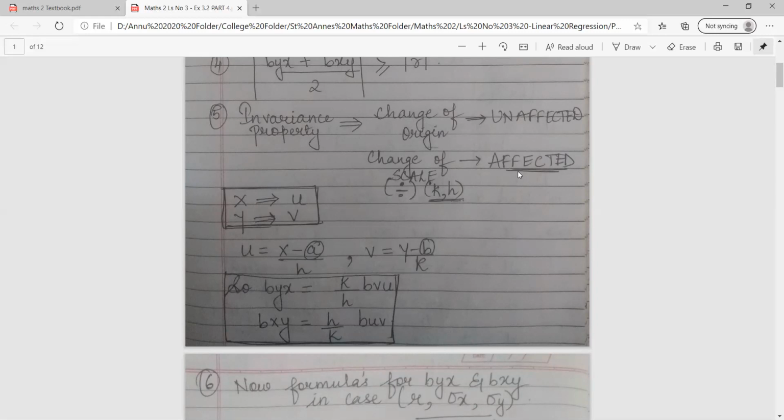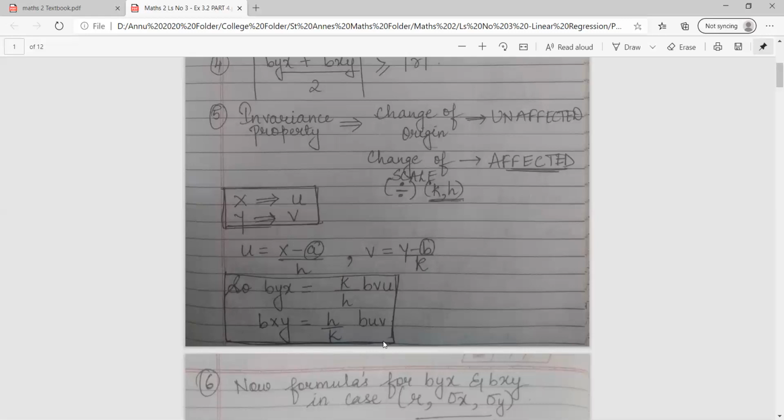So as you can see, I have written U is equal to X minus A by H and V is equal to Y minus B by K. So BYX will be K upon H into BVU. And in case of BXY, it will be H upon K into BUV.